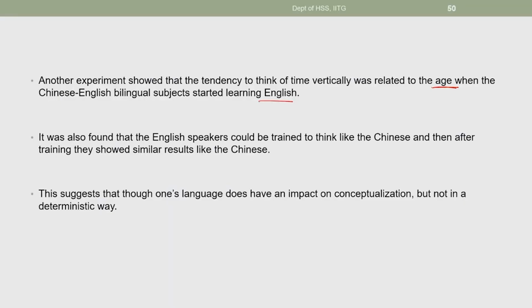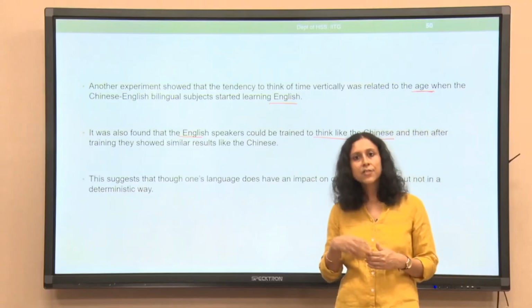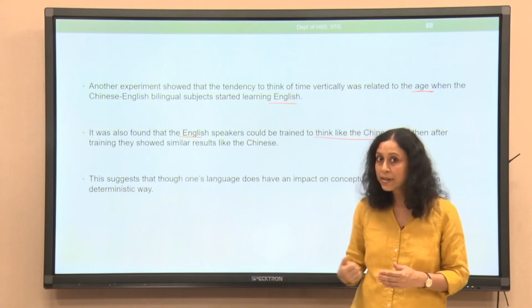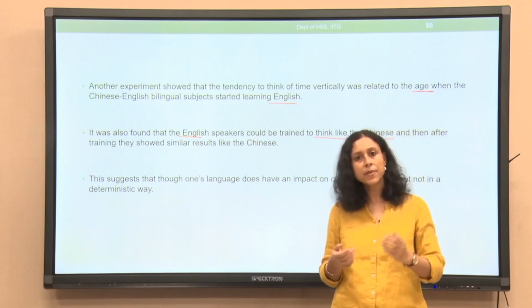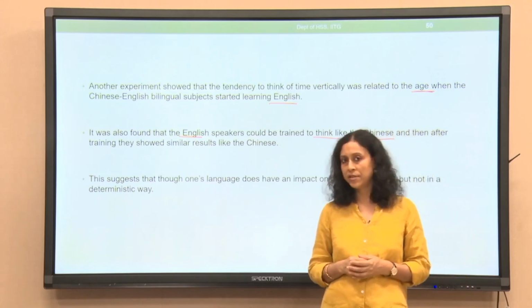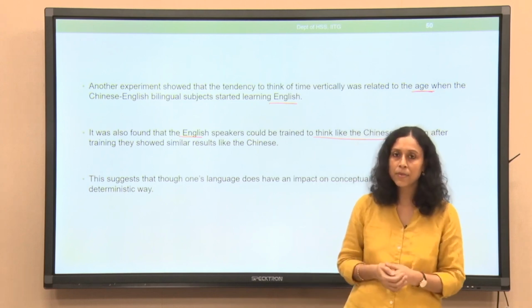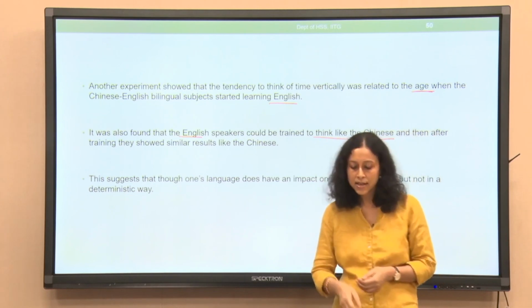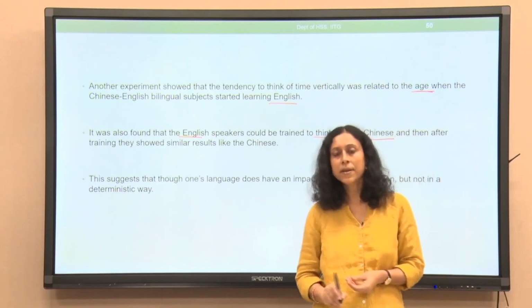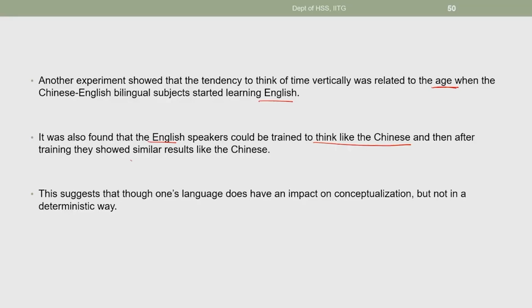It was also found that the English speakers could be trained to think like the Chinese, which means that not only does learning English tend to make Chinese speakers look at time differently, or let us say more like an English speaker, but the reverse is also possible. It is not only the Chinese who change, but if the English speakers are trained in a proper way to think like Chinese, even for them the results will be similar to the Chinese monolingual speakers, or at least first language speakers of Chinese.